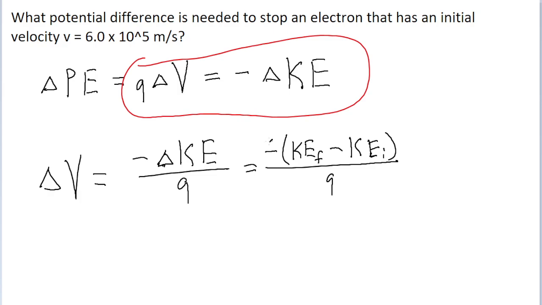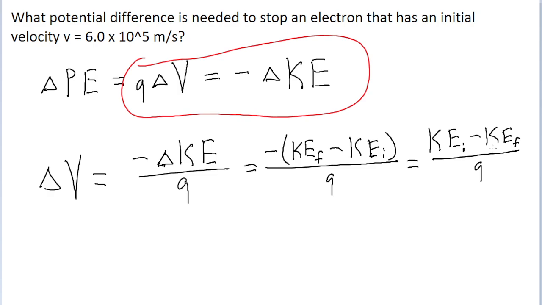But since we have this negative sign on the outside of the parentheses, it would be even simpler to just take away the negative sign and then flip the positions of the initial and final kinetic energy values. So we can write this as kinetic energy initial minus kinetic energy final divided by Q. Now recall that our purpose in this scenario is that the electron has some initial velocity, but we want to stop it from moving.